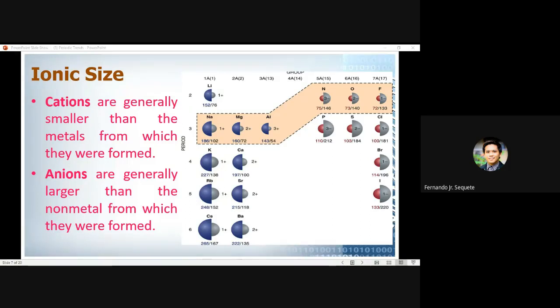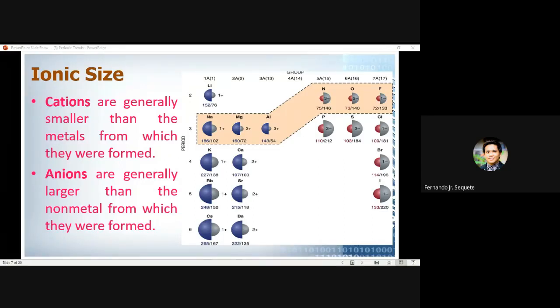Because earlier, with cations, when the charge gets bigger, like 3+, the ionic size becomes smaller. That is in the case of cations. But it is the opposite when it comes to anions.